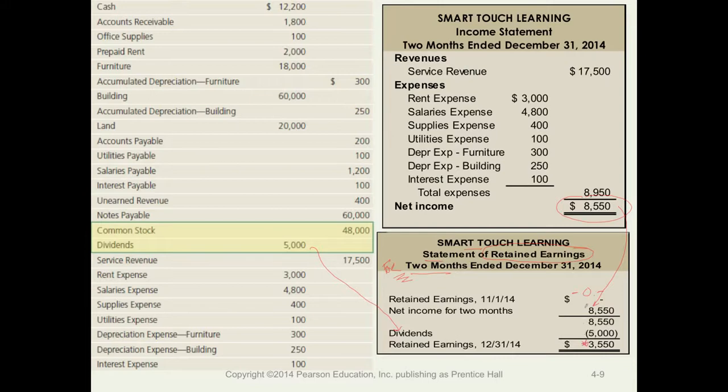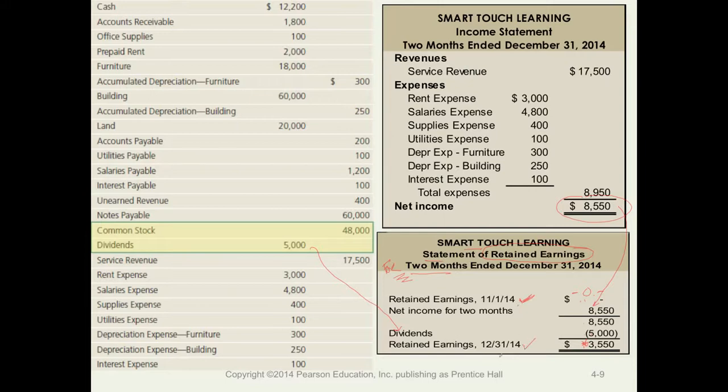Net income minus dividends is the change in retained earnings. In this case, the change also is the balance. Now, of course, we said that retained earnings is a balance sheet account. Balance sheet accounts are cumulative. They are permanent. They are incomplete cycles. They carry over period after period. So remember, the ending balance of November is the beginning balance of December.